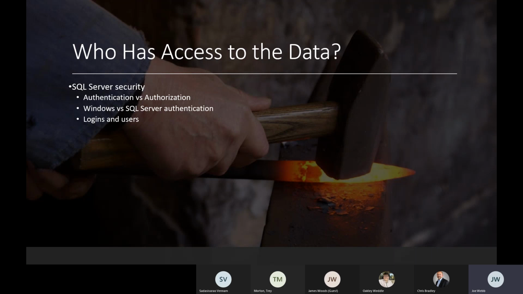And so SQL Server has built-in authentication capabilities. We can pass in a user ID and password inside of SQL Server, and it will authenticate to make sure we are who we say we are.